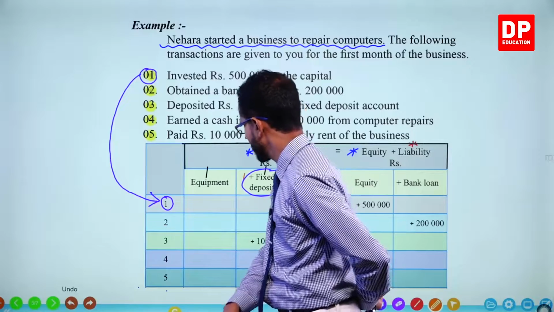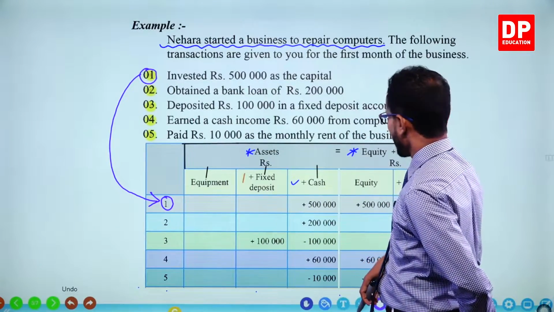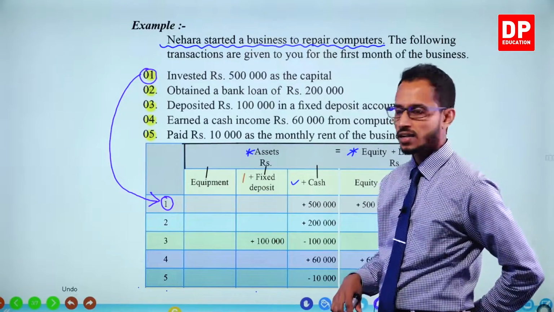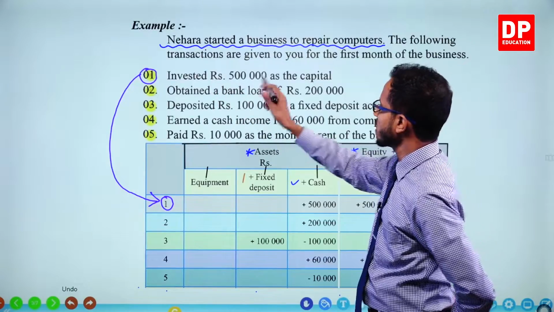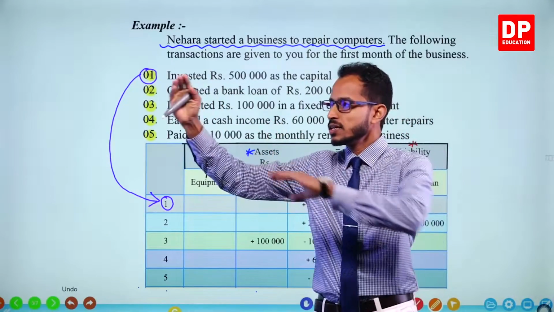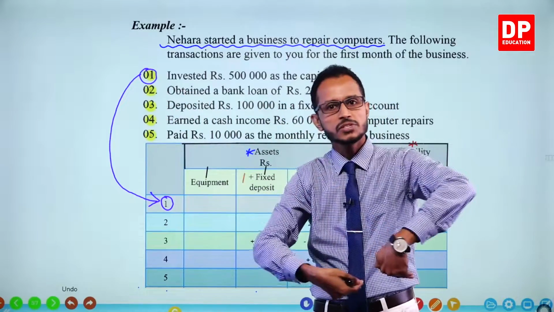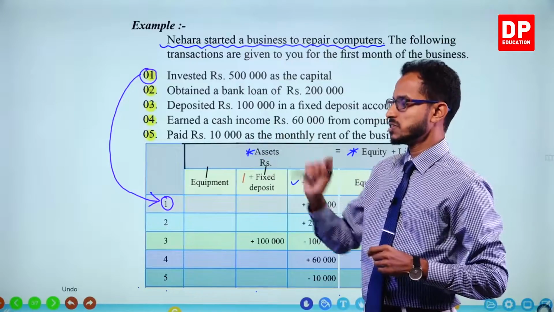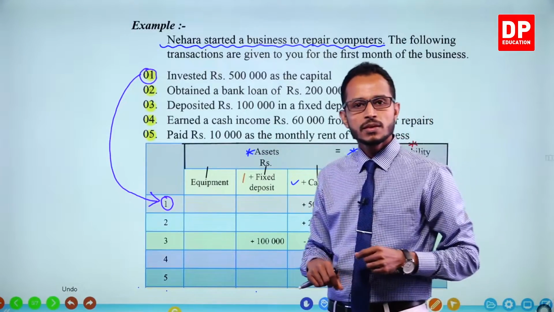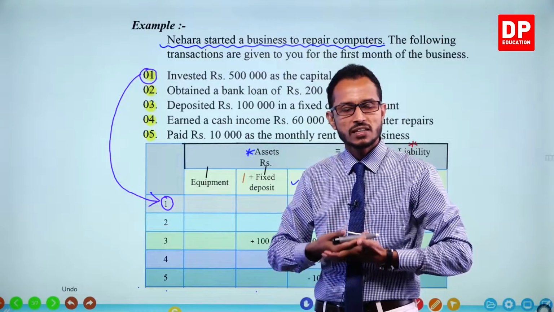All right. Moving on. Now, let's start with the first transaction. Invested 500,000. Cash 500,000 comes into the business. We are in the business. We say, thank you, madam. And we use that cash to start the business.